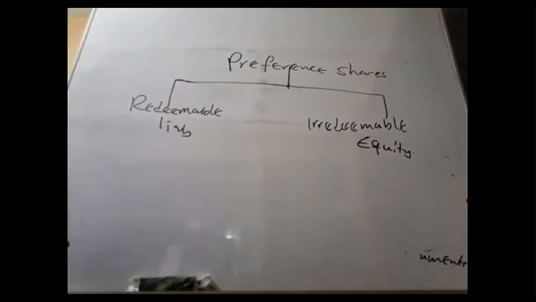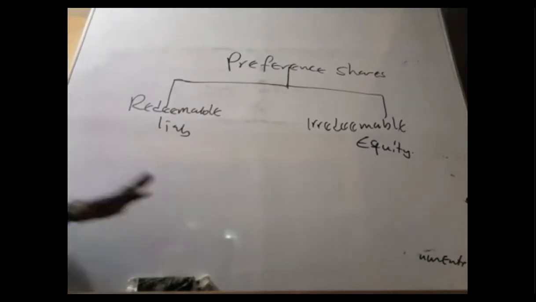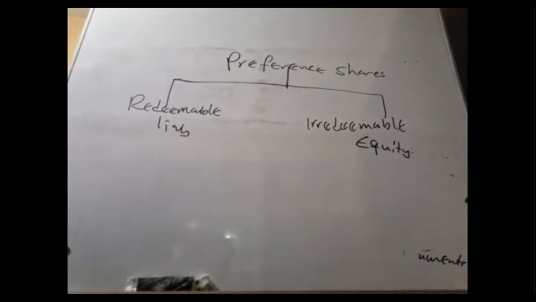Now, how do you know that this is redeemable when it is not stated clearly? If you see preference shares without any demarcation, we assume that this is what? Irredeemable. Because ideally, if it is redeemable, they should tell us. It must come with it.